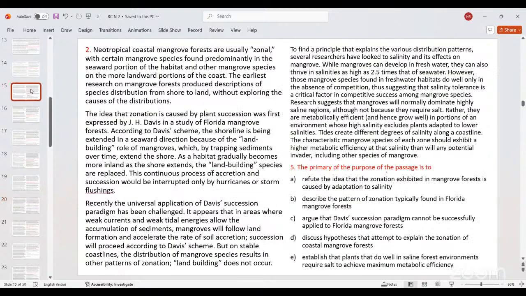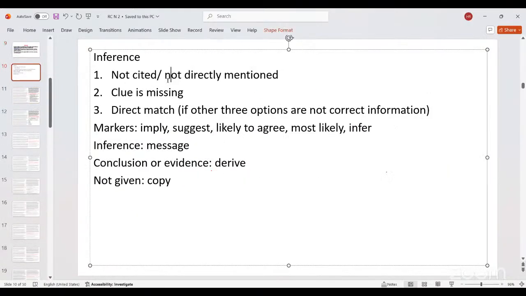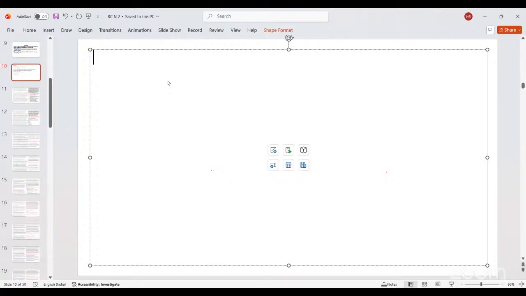Now I said, what should be the substitute? Because other questions are quite easy, deal with the other questions. Why? Because they have direct logic. If the passage is difficult, still direct logic. If the passage is easy, still direct logic.